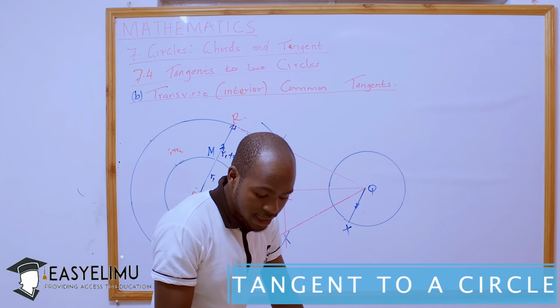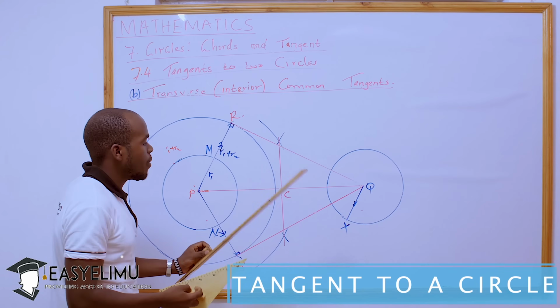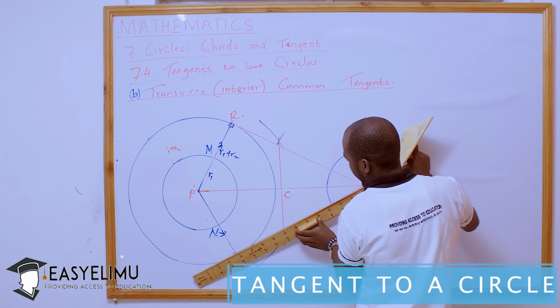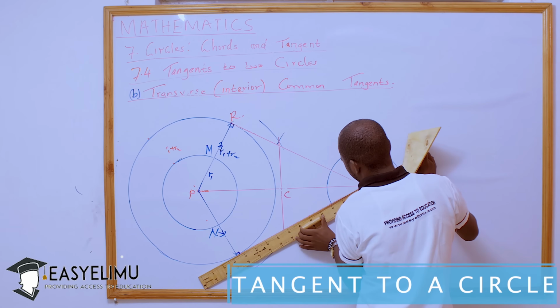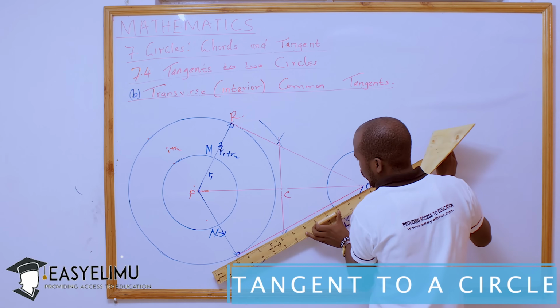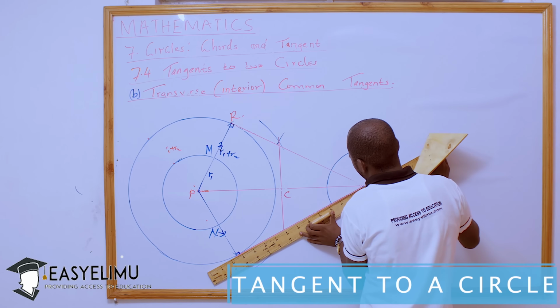To construct that, we take a ruler and place it on this side here, on the line, actually line SQ. So place it on line SQ drawn.